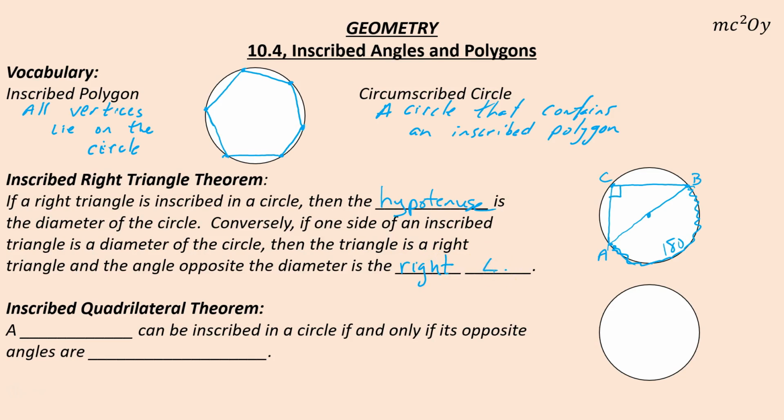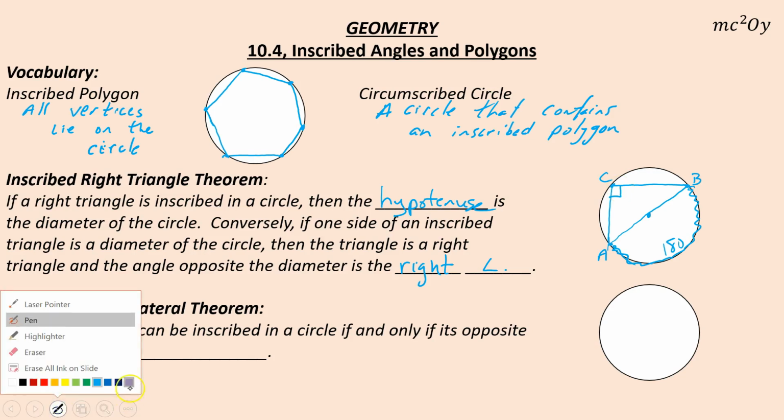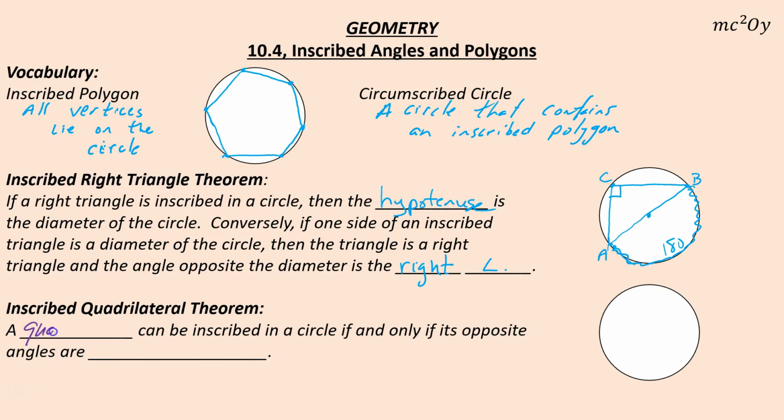So in other words, if you have one side that's a diameter, then the angle opposite it is going to be that right angle. Inscribed quadrilateral theorem. Let's go ahead and switch some colors up here. A quadrilateral can be inscribed in a circle.